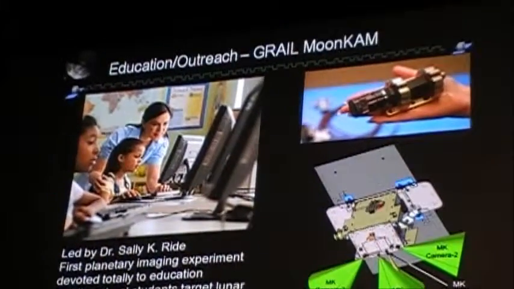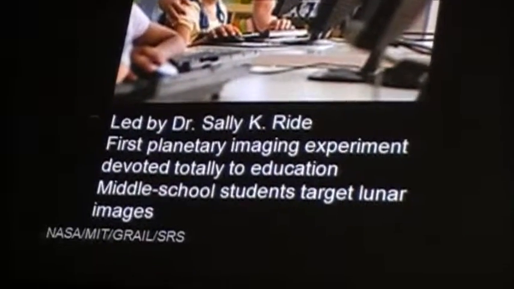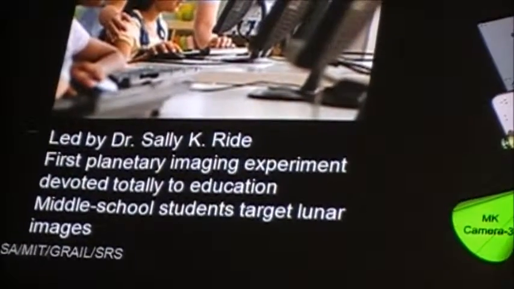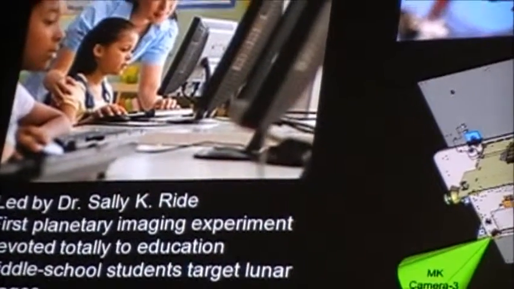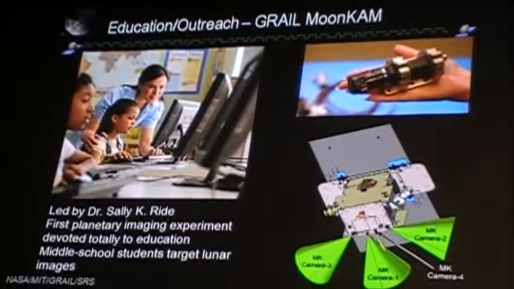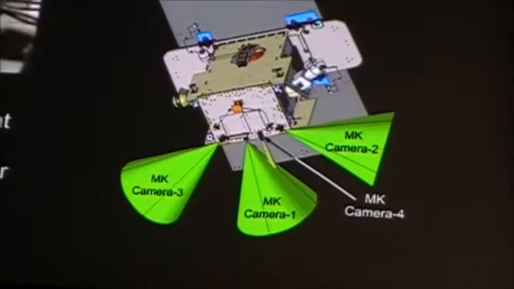Okay, and one of the things I'm extremely proud of about this mission, because I'm a teacher and I greatly value education, is we have a camera system. Each spacecraft is carrying 4 cameras that middle school students are going to be able to target images on the moon.